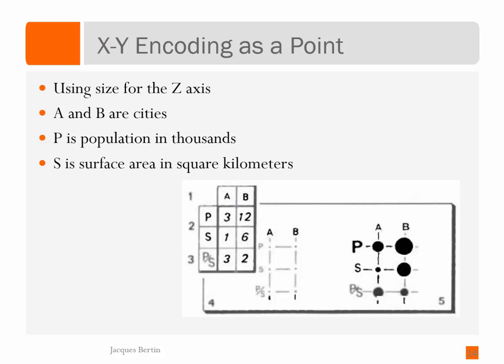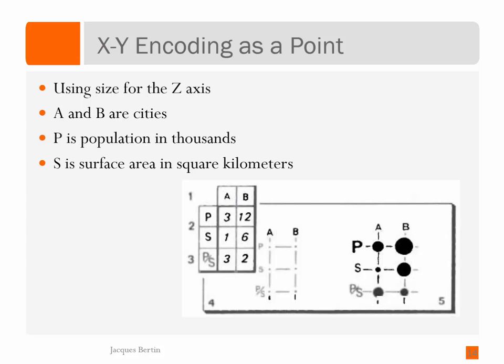Then we have a third measure. And our third measure is basically a measure of density, population divided by surface area. So basically, how many people in a square kilometer? So what we see with our P divided by S measure, we have 3,000 people in 1 square kilometer.